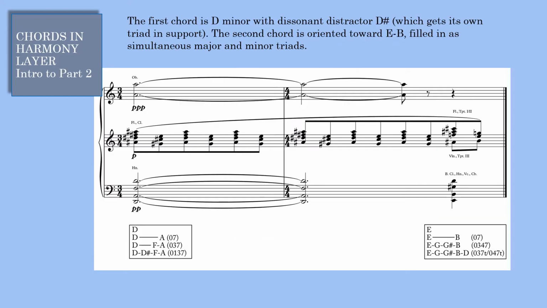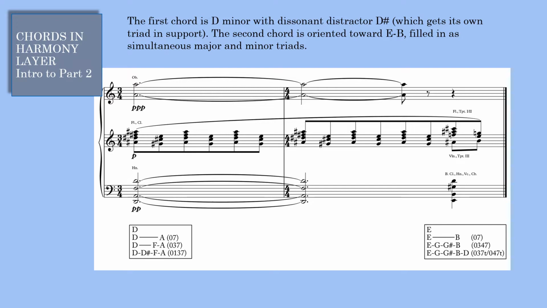In this passage from the beginning of the introduction to part 2, the first chord is D minor with dissonant distractor D-sharp, which gets its own triad in support. In its juxtaposition of triads whose roots are a semitone apart, this chord bears an obvious affinity with the Augurs chord. The second chord is oriented toward E-B, filled in as simultaneous major and minor triads.